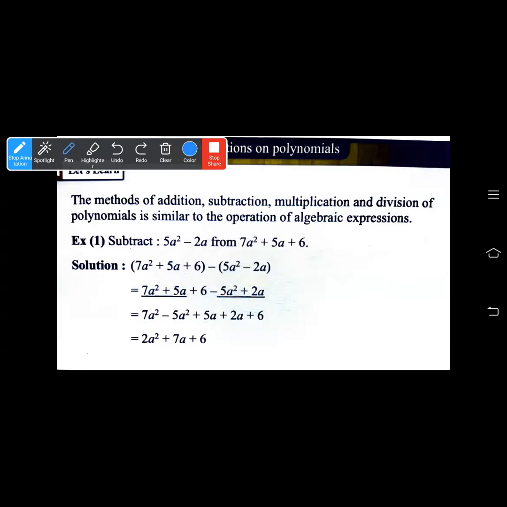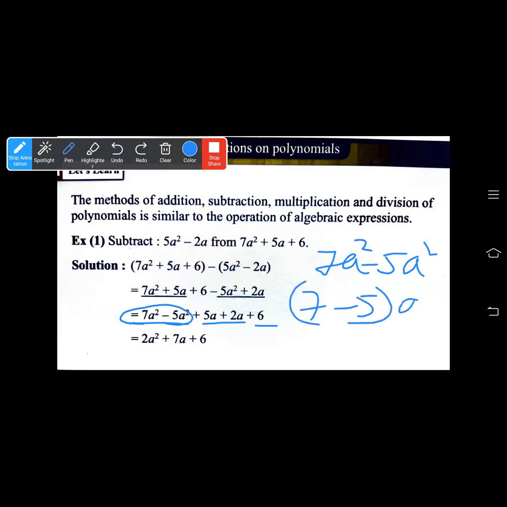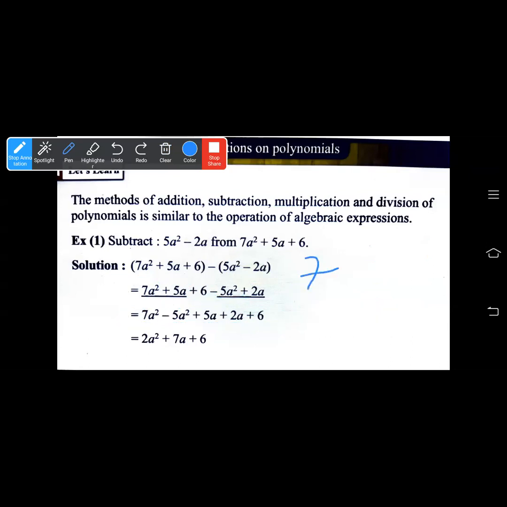These are the pairs, and they should be added or subtracted along with the sign as required. 7a square minus 5a square: there is no need to do it like this, you can do it directly. That means directly you can write 2a square.